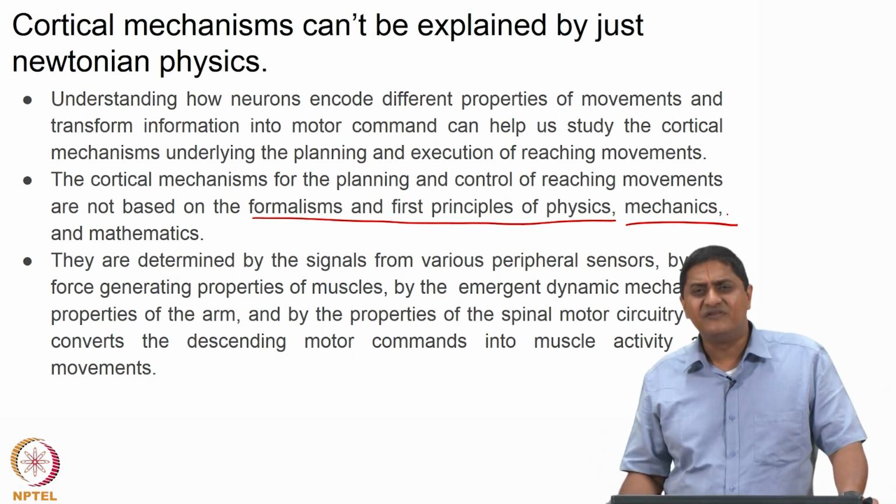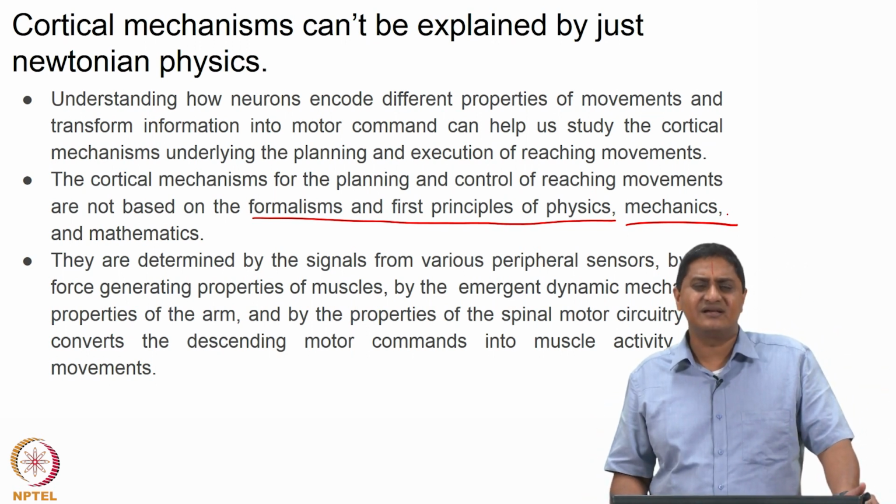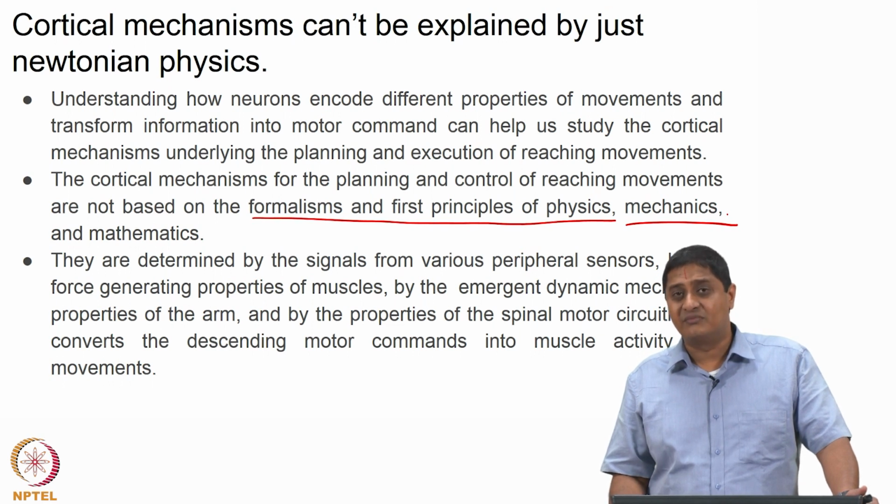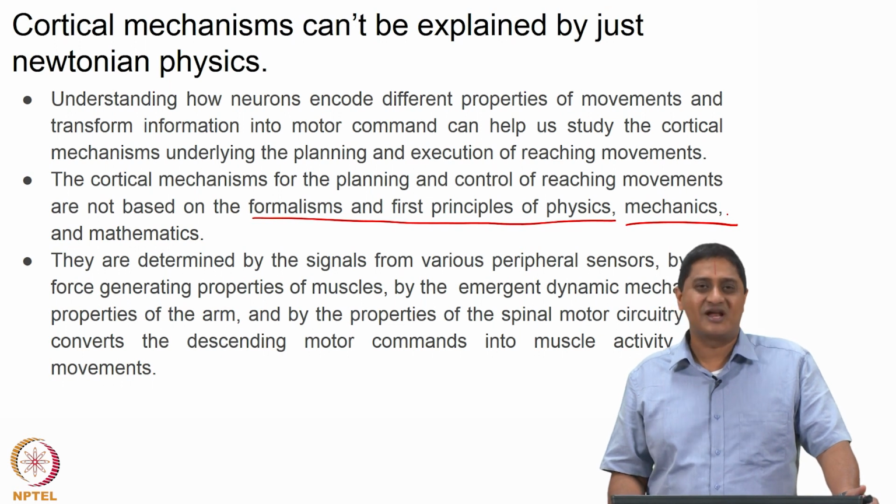In other words, the central nervous system does not internally solve Newton's equations explicitly, right. So, it is not like F is equal to ma and then there is m and acceleration that is computed, right. That is not what happens, right.